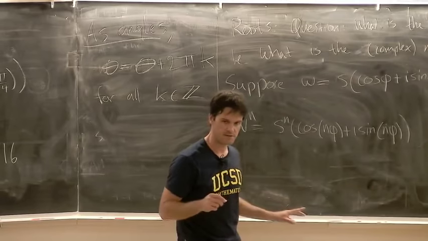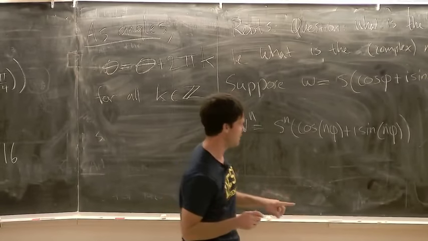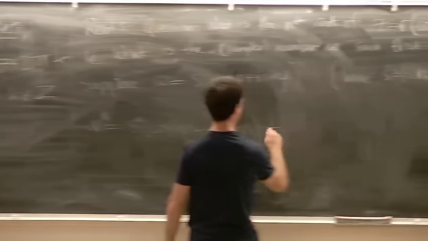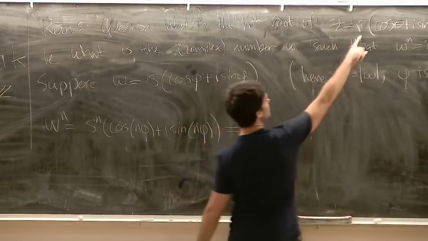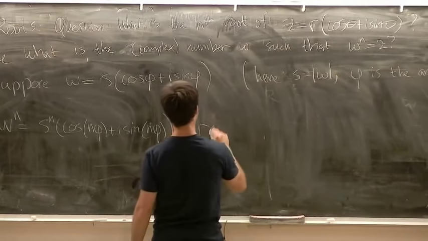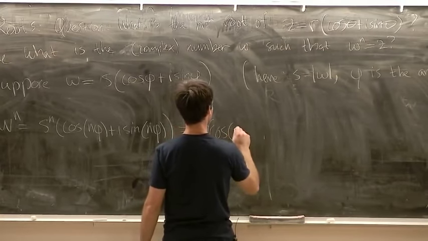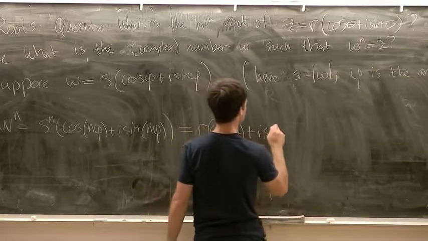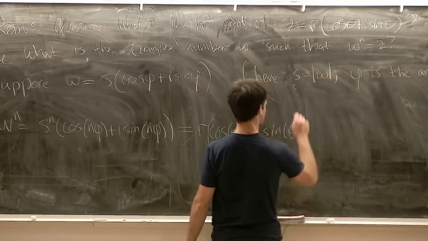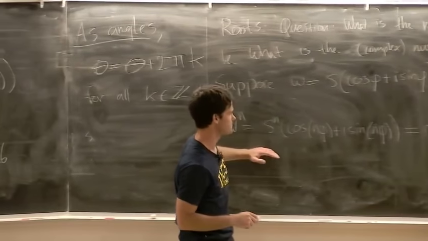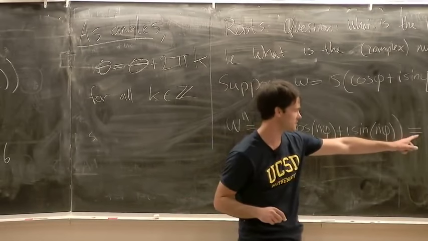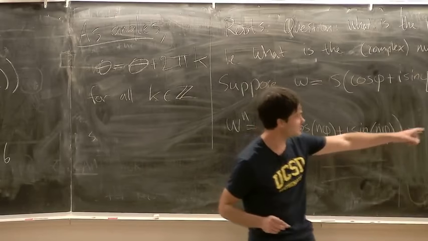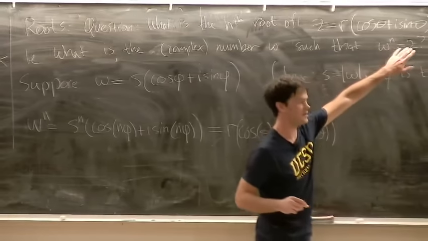And we want this to equal z, which was r times cos theta plus i sine theta. This equal sign is what says I want w to the n to equal z.